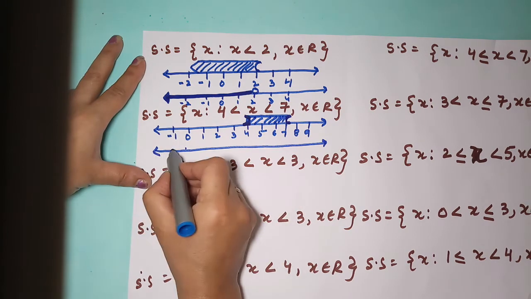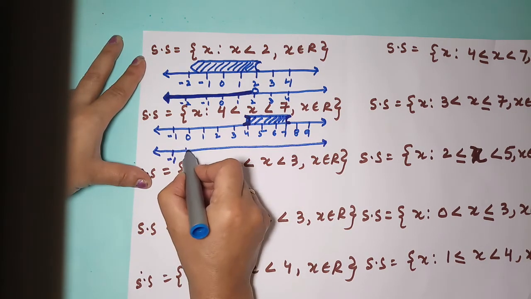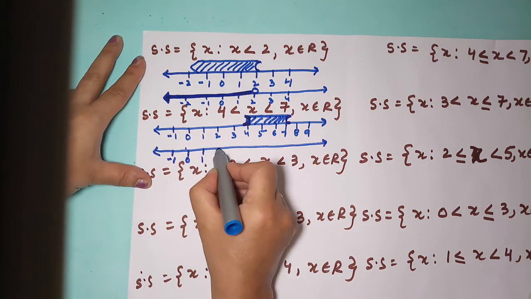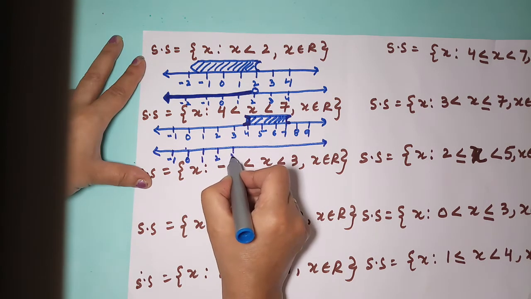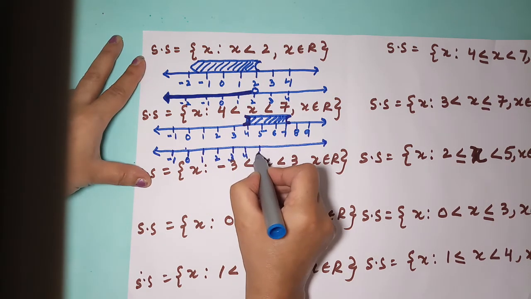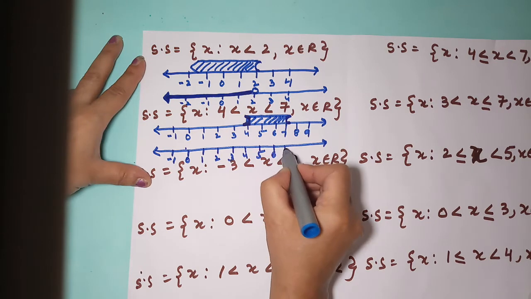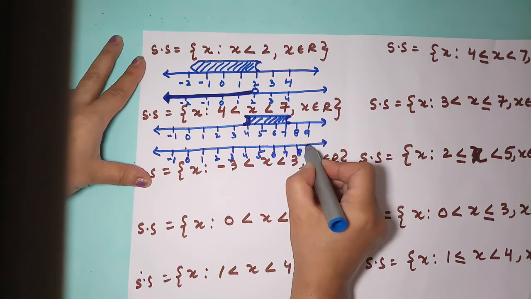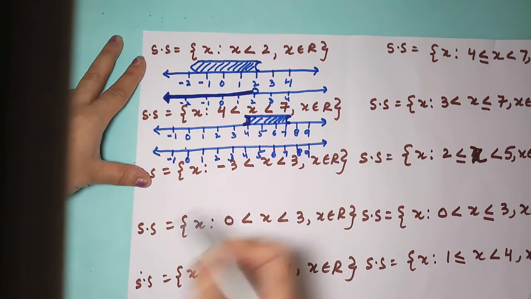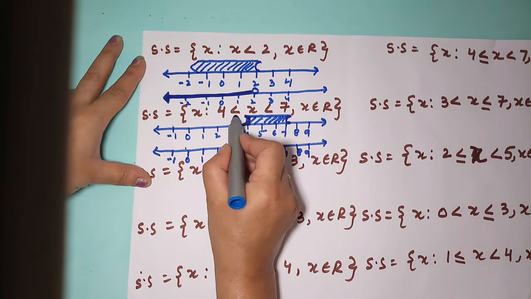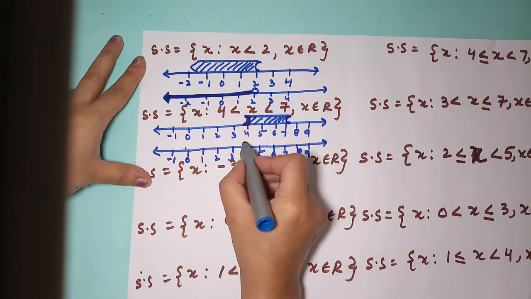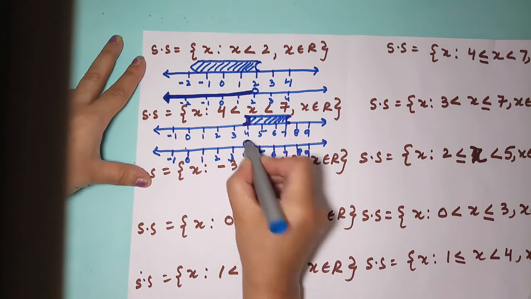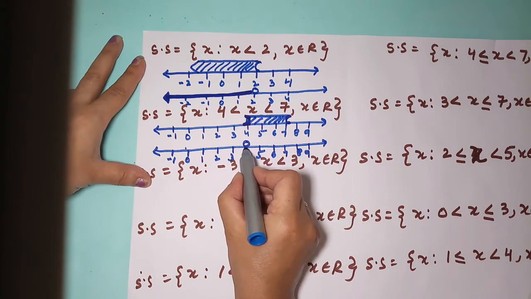Draw a line, arrows on both sides. This is -1, this is 0, this is 1, this is 2, this is 3, 4, 5, 6, 7, 8 and 9. Now 4, no equality sign here. Go to 4, place a circle, not a darkened one.